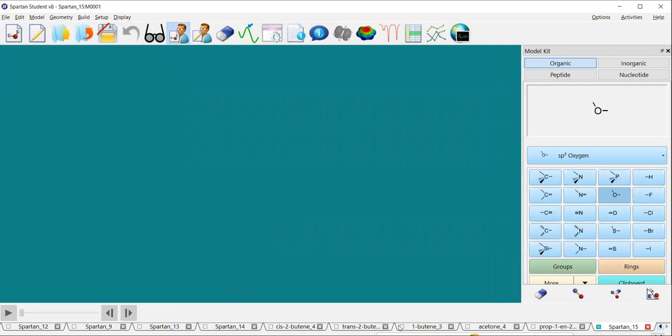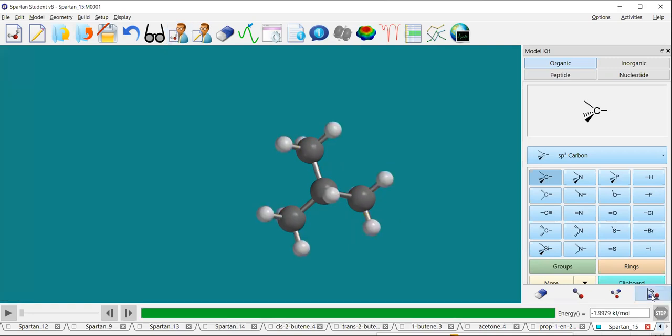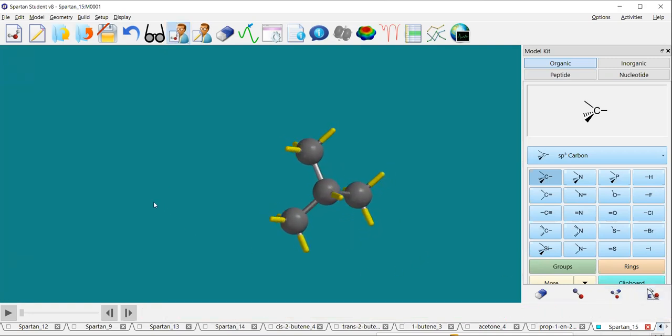So we have to construct 2-methylpropane, and I will follow the procedure that is given to us in the lab manual. So it says I have to construct this molecule, and I have to construct it, and then I have to delete unneeded hydrogens.